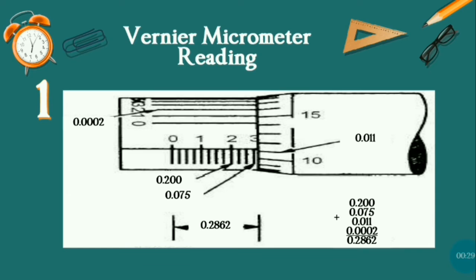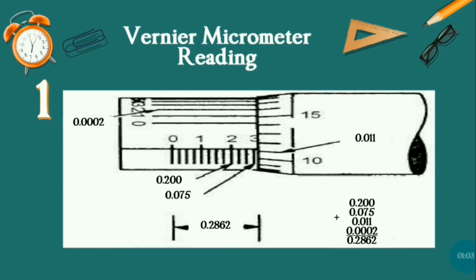So number 2, that measures, very good, 0.200 inch or 200,000ths of an inch. And next we see 3 lines in the sleeve. So that measures 0.075 or 75,000ths of an inch.